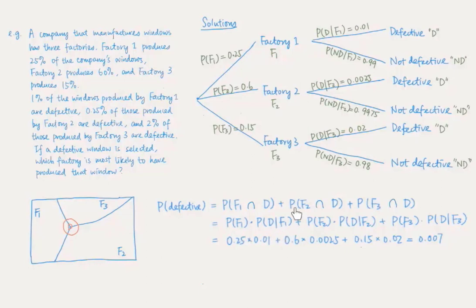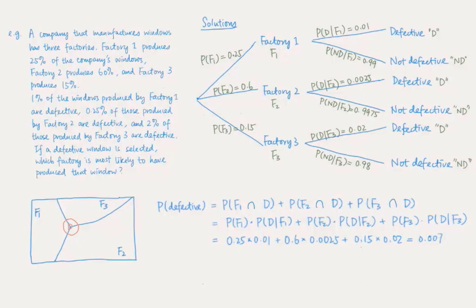Similarly, the probability of F2 intersects D equals the probability of F2 times the probability of D given F2. And the probability of F3 intersects D equals the probability of F3 times the probability of D given F3.